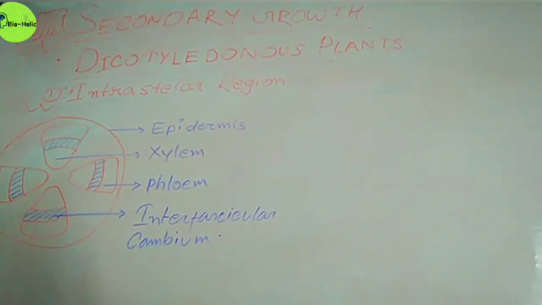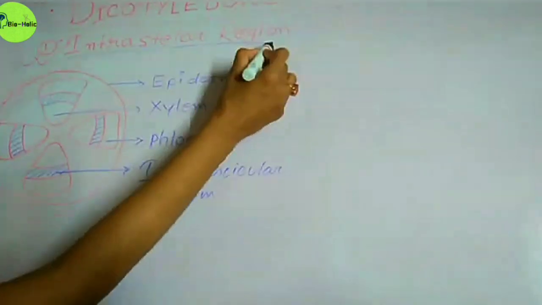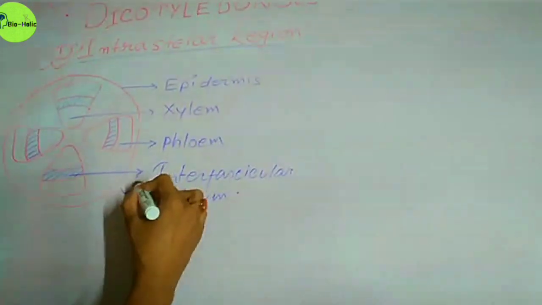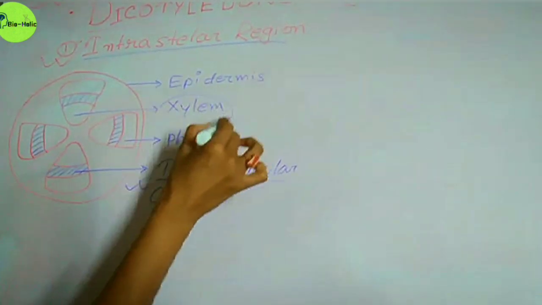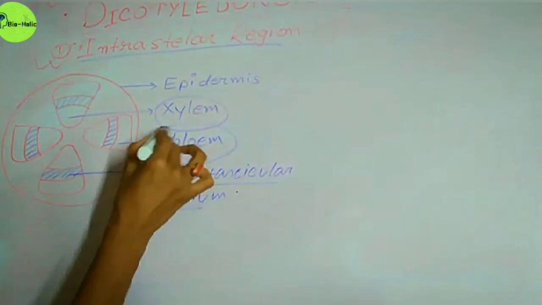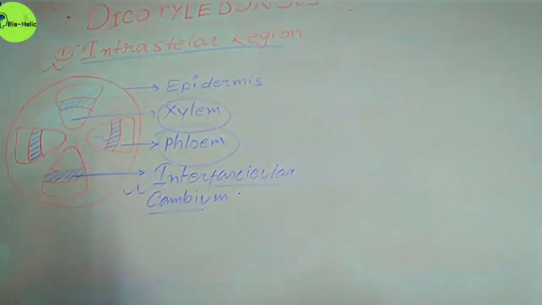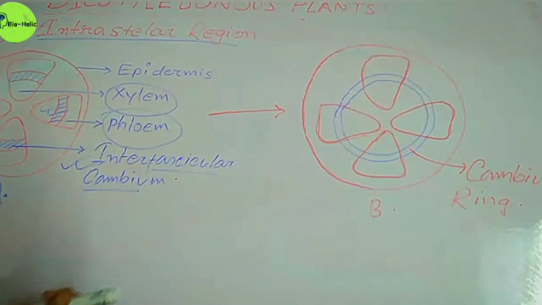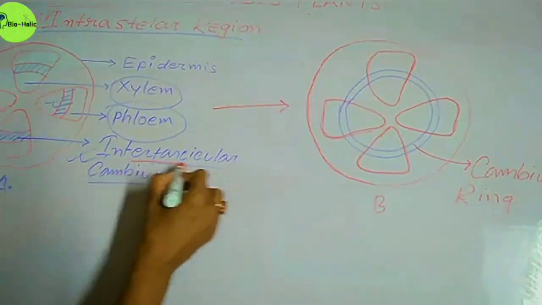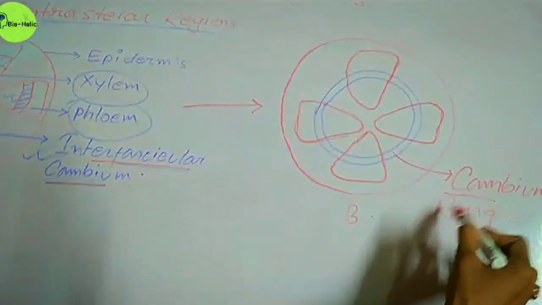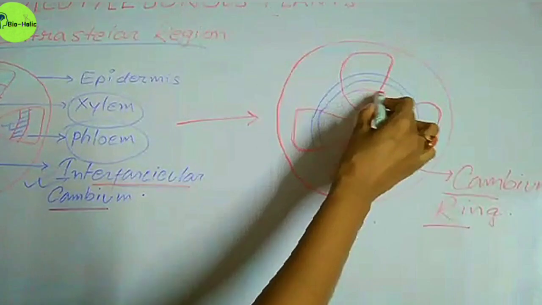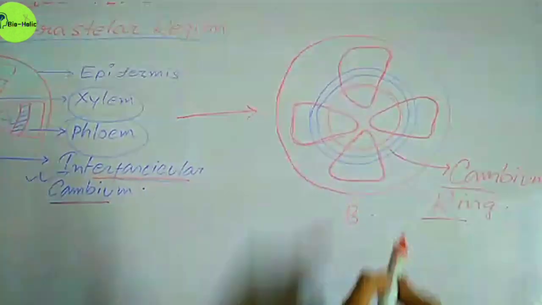In case of the intrastellar regional growth, there is a formation of intrafascicular cambium in between xylem and phloem. In the second step, this intrafascicular cambium gives rise to the cambium ring. This is the cambium ring.